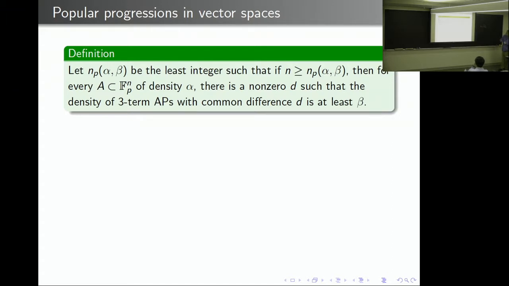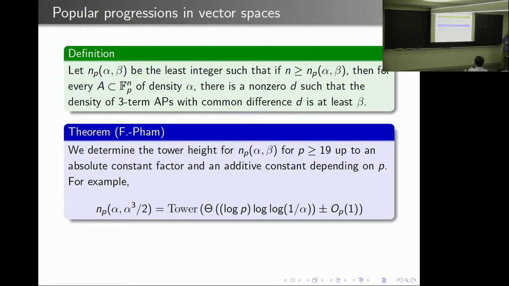But so there's a bunch of different ranges, and I want to just mention one of the ranges, when beta is half alpha cubed. So if you want half the random bound, what you get there is a tower whose height is on the order of log p times log 1 over alpha.